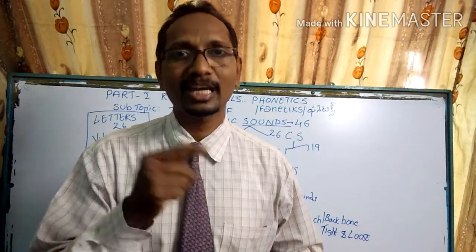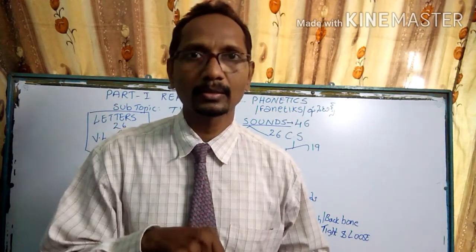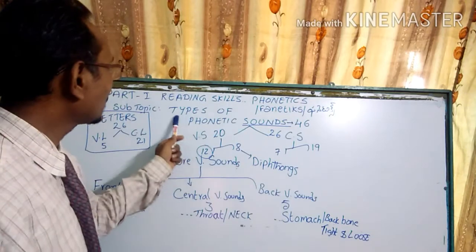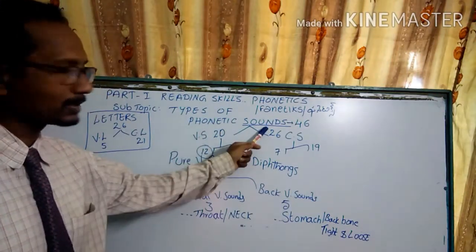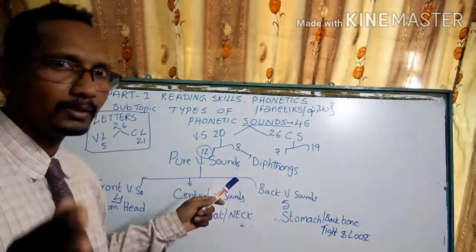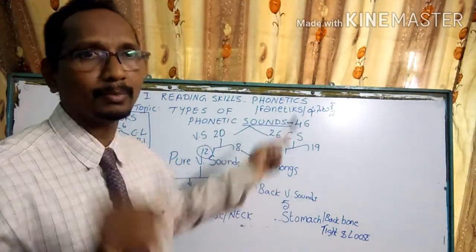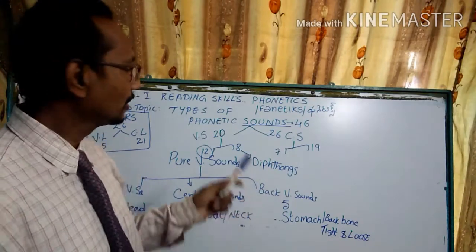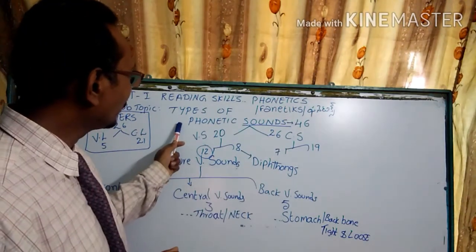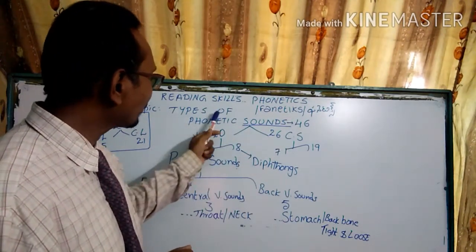Now I am giving the second topic from phonetics, that is types of phonetic sounds. My dear students, in Telugu, phonetics is called Dvani Shastram, and here we call it types of phonetic sounds.